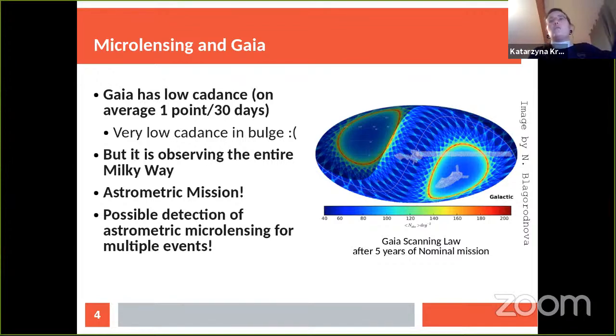So far, it has been done only for a few single sources, using HST, for example. But using Gaia time series, you will be able to see it for multiple microlensing candidates.